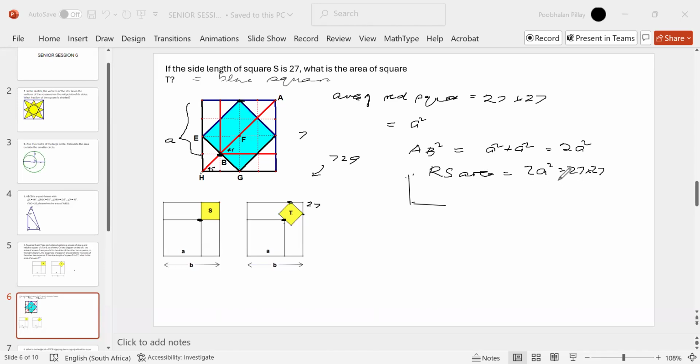Okay, so now you can actually calculate A squared. A, remember, is the side of the small square. So we know what A is.